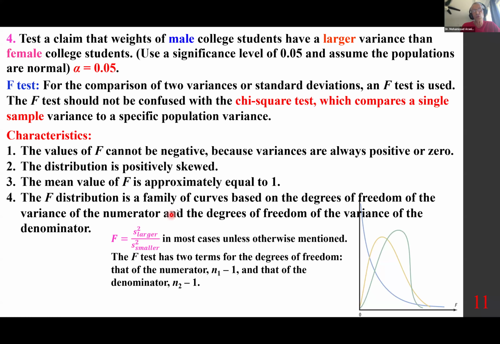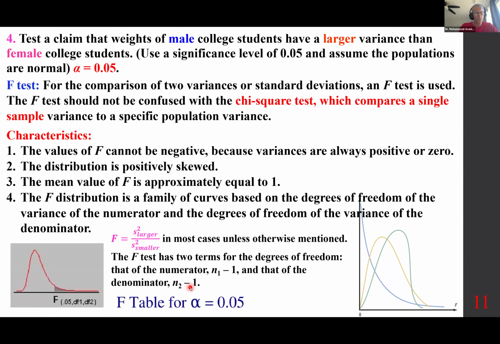Normally, we choose the two groups such that the larger one is at top because we want to make it a right tail test, because of the limitation of the F-test. In most cases, unless otherwise mentioned, the F-test has two terms of the degrees of freedom, that of the numerator, n sub 1 minus 1, and that of the denominator, n sub 2 minus 1. So it is skewed to the right.